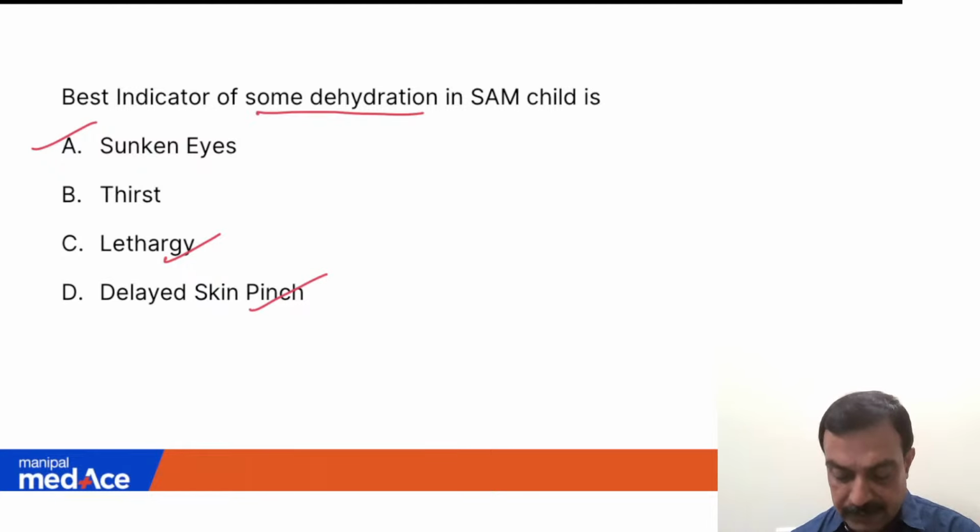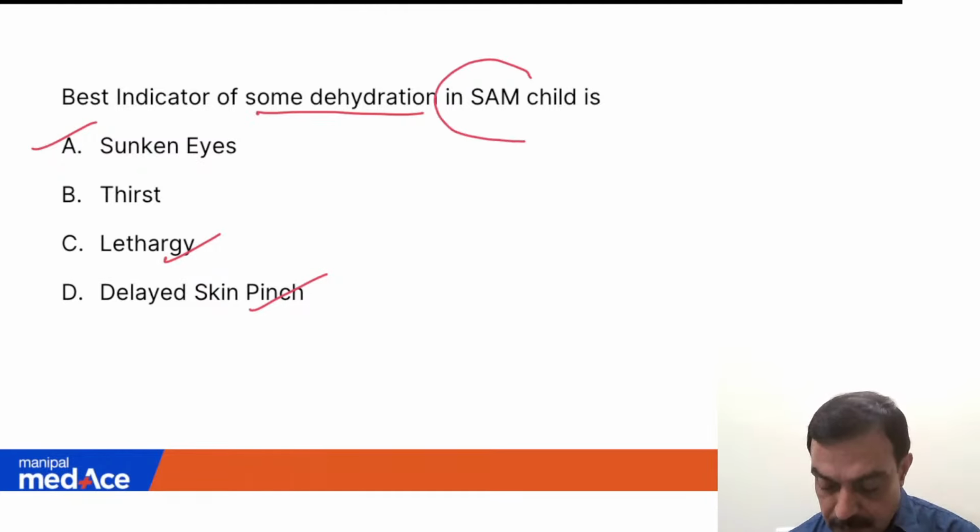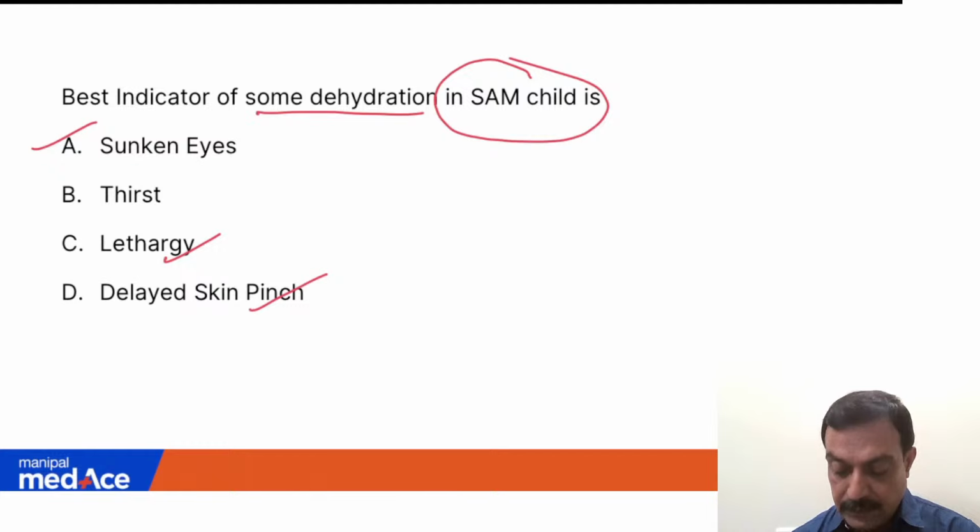So I feel this may be the right answer here, or thinking that this child's activity or behavior is normal, and we know that some dehydration will have good thirst, so this may also be a right answer.